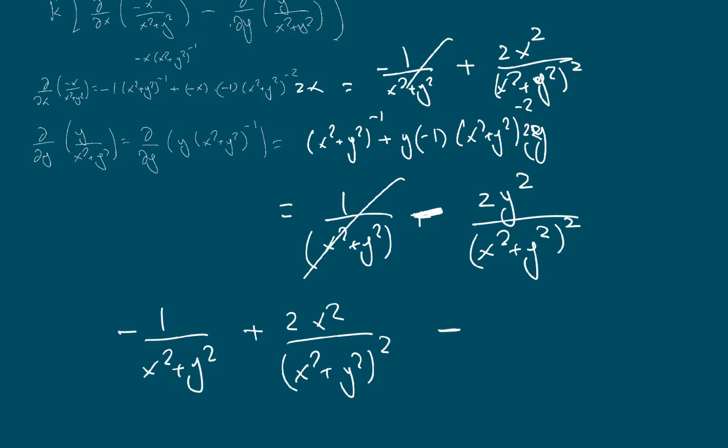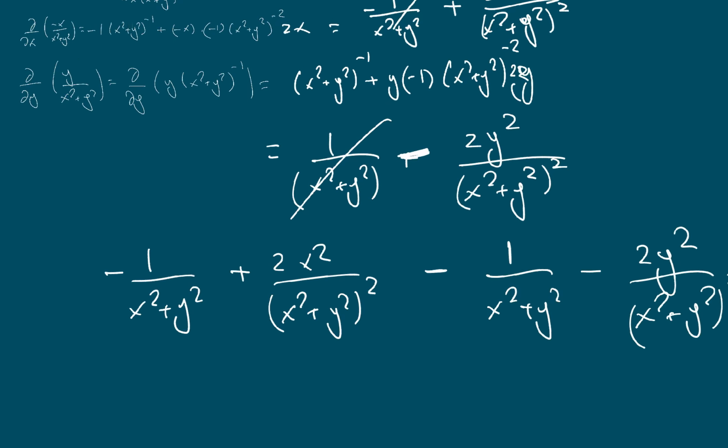Minus, I'm copying from here, minus 1 divided by x squared plus y squared minus 2 times y squared divided by x squared plus y squared, squared.